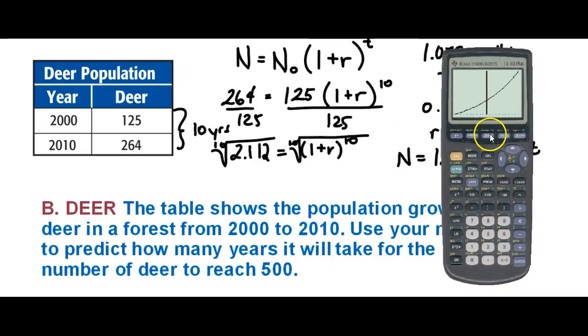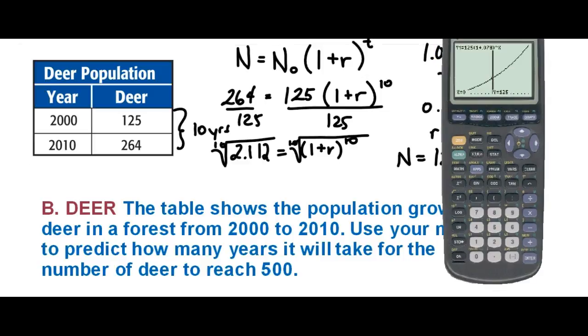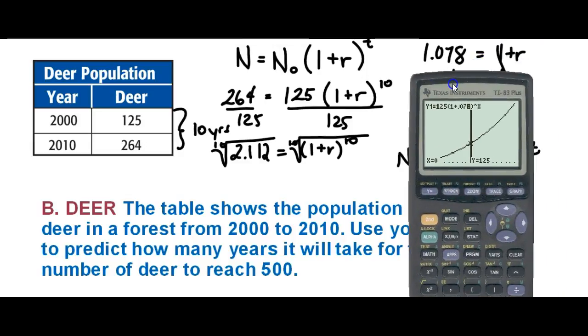And we want to know when the number will be 500. So if we trace this here, let me make this a little bigger, hopefully, so you can see it. So we're at 125 now when time is 0. And we can kind of trace it along there, increasing.